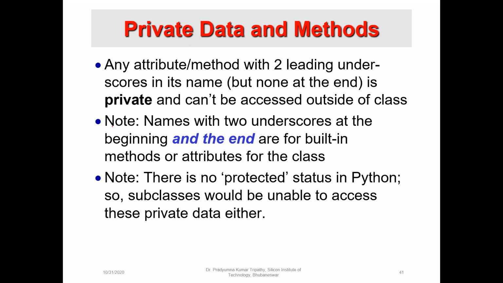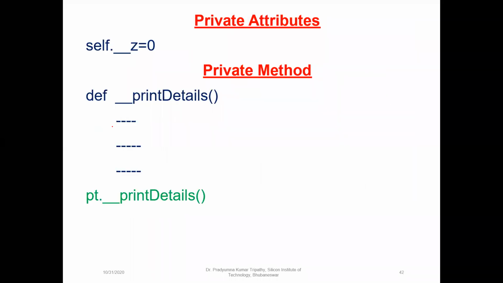That is there in C++, right? Yes, sir. But here protected is not there. So if you declare private, it cannot be inherited by the subclass. So how to make a data member or method private? Two underscores at the beginning of the name. So look over here.